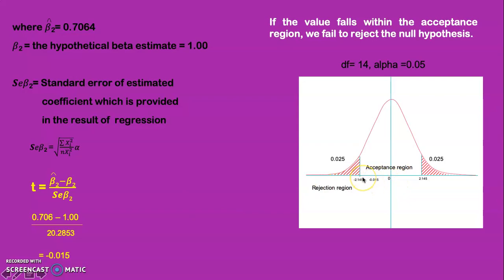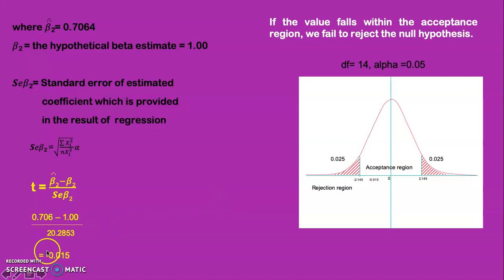The region in between that value, 2.145 on the negative side and 2.145 on the positive side, is the acceptance region.